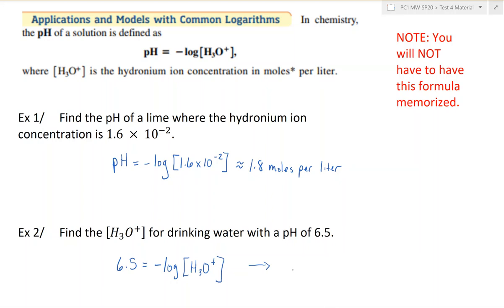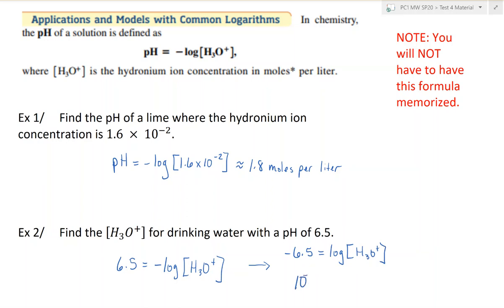The first thing that we need to do though is isolate the log. We need to get rid of this negative. So it's going to be a negative 1 that we multiply both sides by to get the log by itself. And then we change to exponential form.